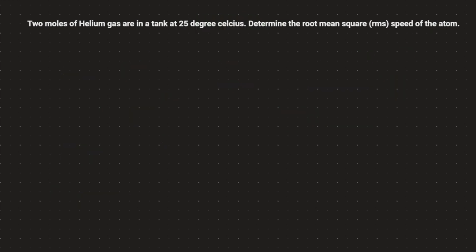Question number 5. 2 moles of helium gas are in a tank at 25 degrees Celsius. Determine the root mean square, RMS, speed of the atom. To answer this question, you should use the formula VRMS is equivalent to the square root of 3RT divided by the molecular weight.